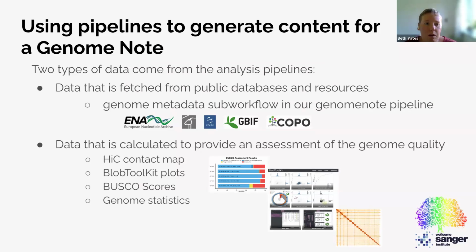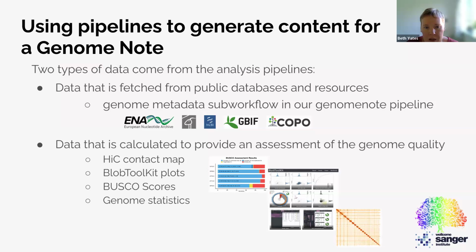Okay, so now we know what a genome note is, and how we're using pipelines to generate content for the genome note. There are two types of data, as we said before, that can come from the analysis pipelines. There's data that can be fetched from the public databases and resources, things like genome metadata. And we have a sub-workflow within the genome note pipeline that goes away and queries a lot of these different sources and pulls information back.